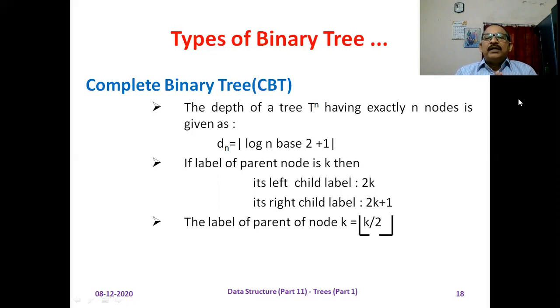If the level of a parent node is k, then its left child level will be 2k and its right child level will be 2k plus 1. The level of the parent of node k is floor of k divided by 2.